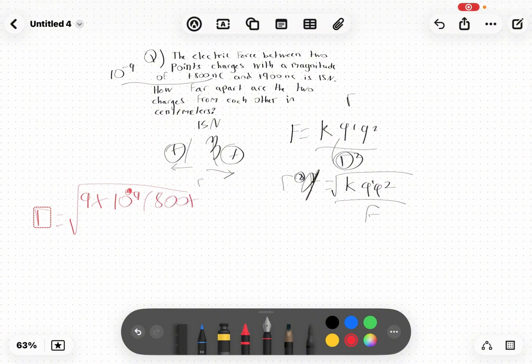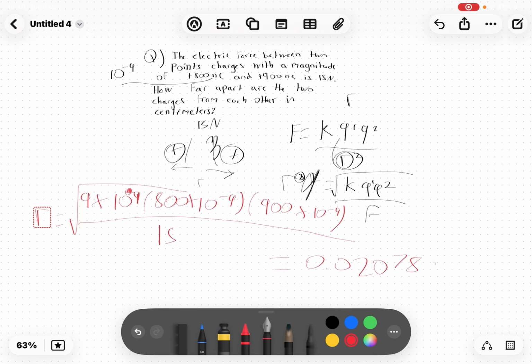I thought that was nano, but K has a positive 9, guys. 10 to the power of minus 9 is nano, that's definitely minus. And then 900 times 10 to the minus 9, then divide all this by 15, and all of this gives us 0.0020. No, again I'm wrong.